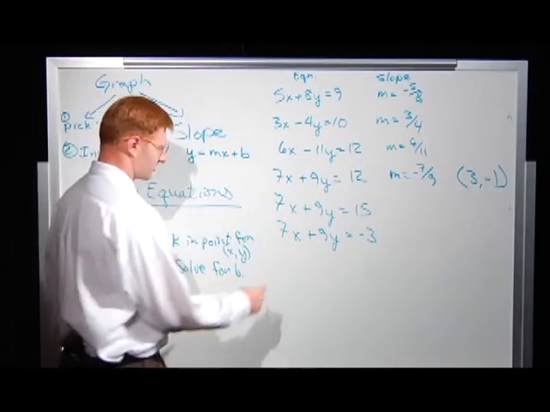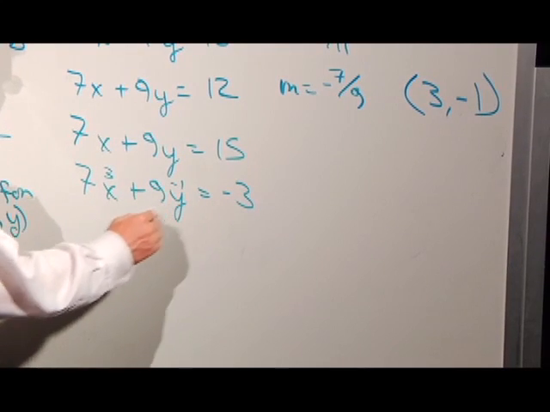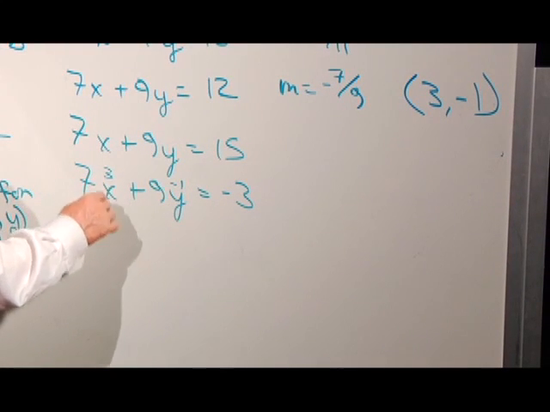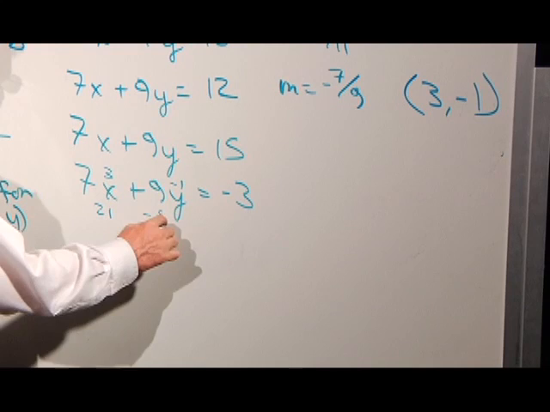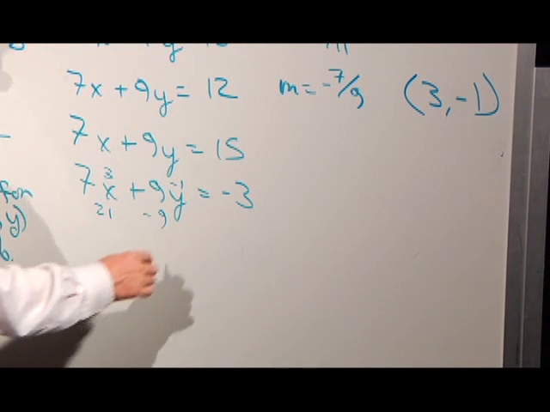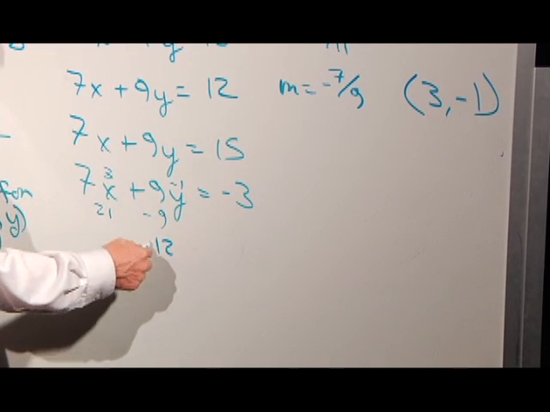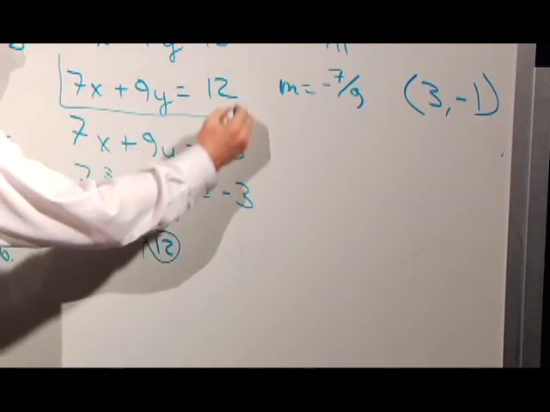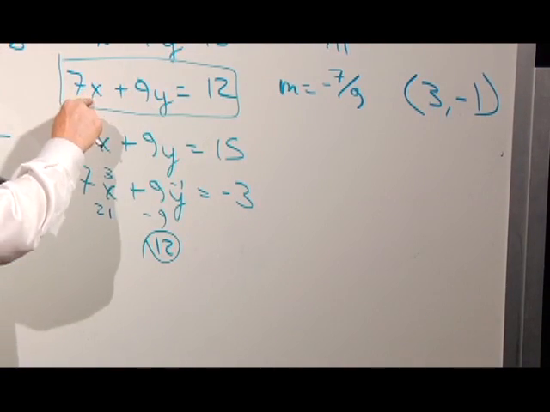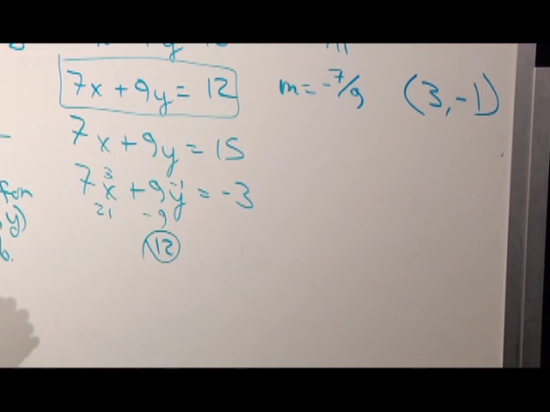And you start to stick them in. You're like, okay, so you take a 3 there and a negative 1 there. 21 minus 9 is 12. 12 does not equal negative 3. Well, you can do it a bunch of other times, but you realize that's your baby right there. 3 goes in there. 21 minus 9 gives you a positive 12. And there you have it.